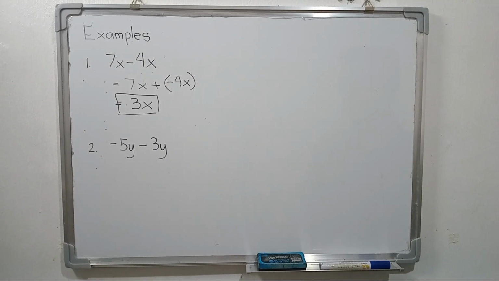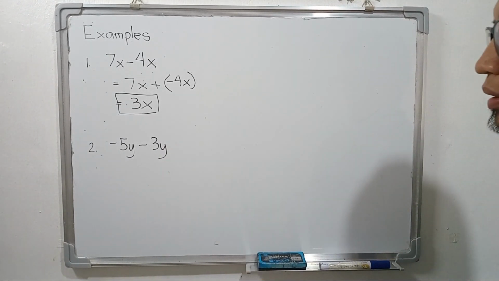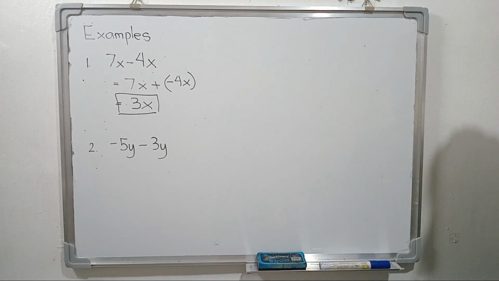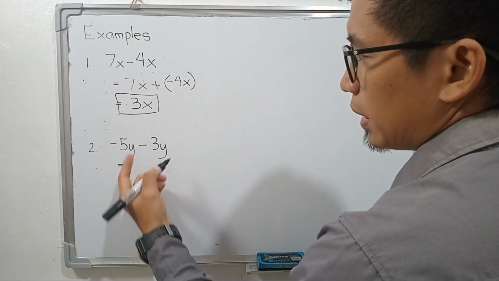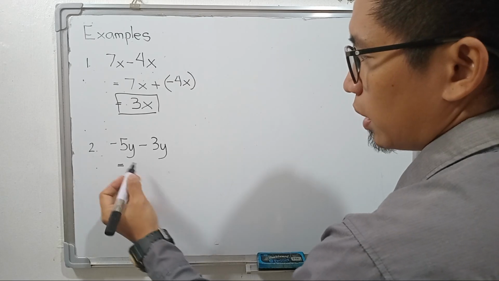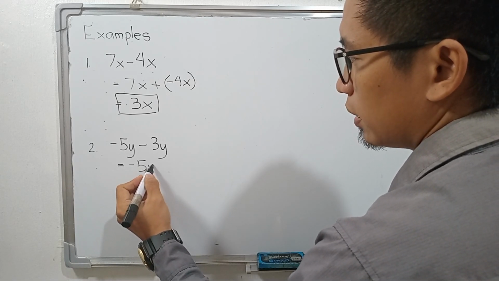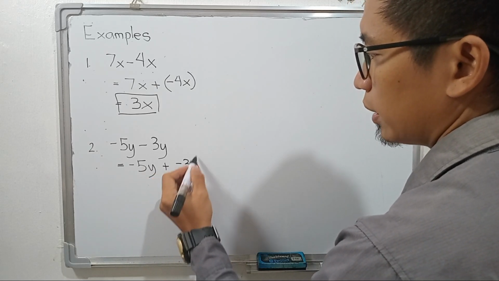Example number 2. Negative 5y minus 3y. Remember, subtracting a monomial is just the same as adding its opposite. So, negative 5y minus 3y is just the same with negative 5y plus negative 3y.